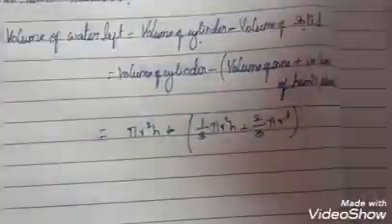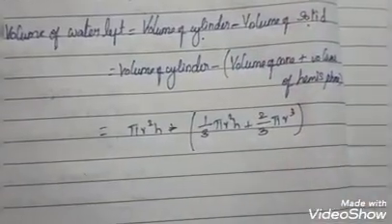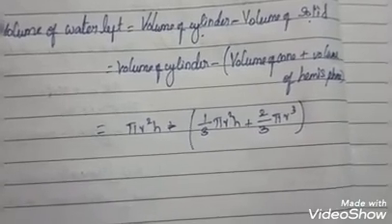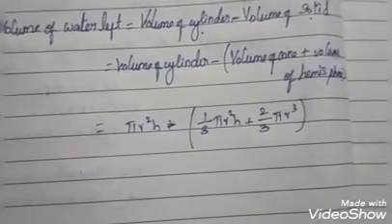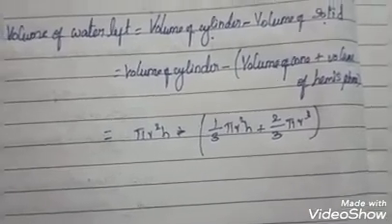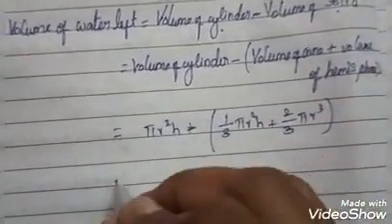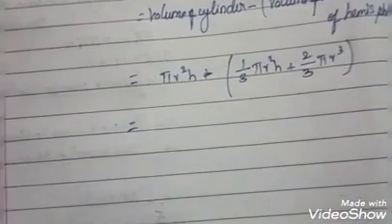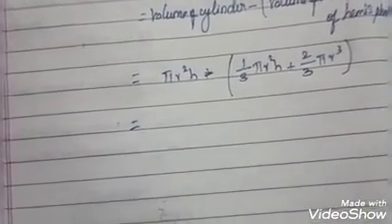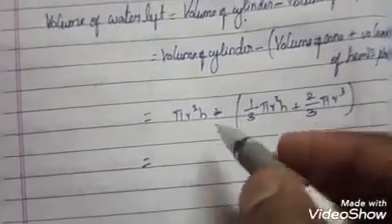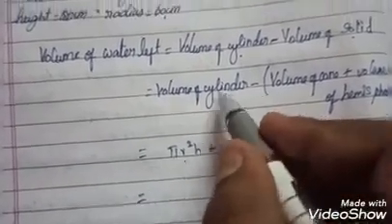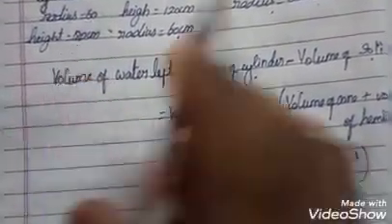So here we need to substitute the value of pi as 22/7, and the respective values of radius and height. You have to substitute and find the value. So this one is the cylinder. The cylinder radius is 60 and height is 180.